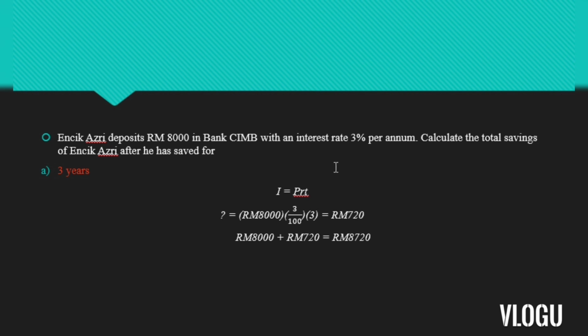So this question wants you to find the total savings after 3 years. So 8,000 ringgit for the principal times 3 over 100 for the interest rate and times 3 years of time period. So we will get 720 ringgit, and next we will add 8,000 ringgit of principal, so we will get 8,720 for the total savings of Encik Azri after he has saved for 3 years.